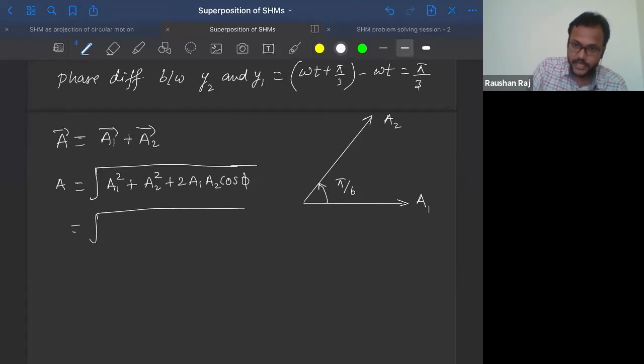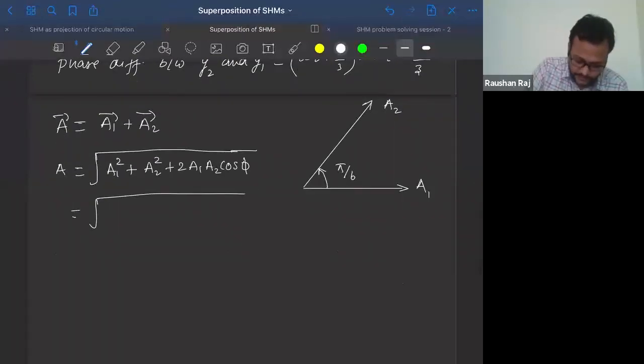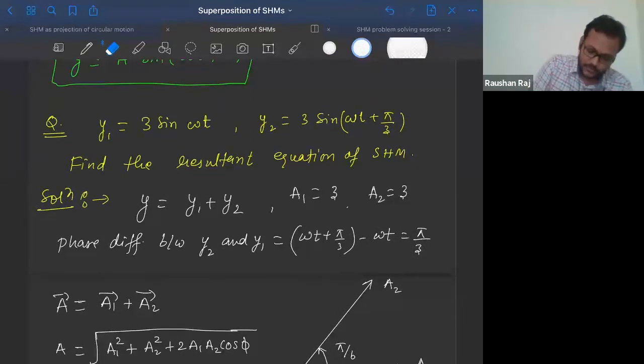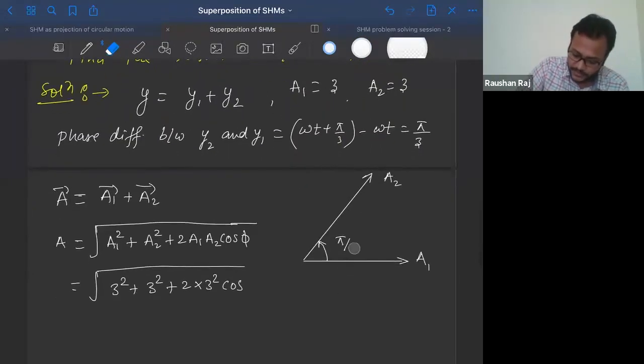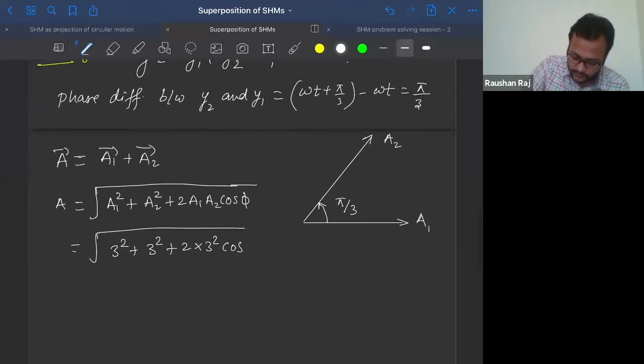What is the value of A1? A1 and A2 are both the same. So 3 square plus 3 square plus 2 into 3 square into cos of, what is the angle? Okay, I think I have made a mistake here. It was pi by 3. I had written pi by 6. So it was pi by 3. Okay, no problem. So into cos of pi by 3. Now let us solve this.